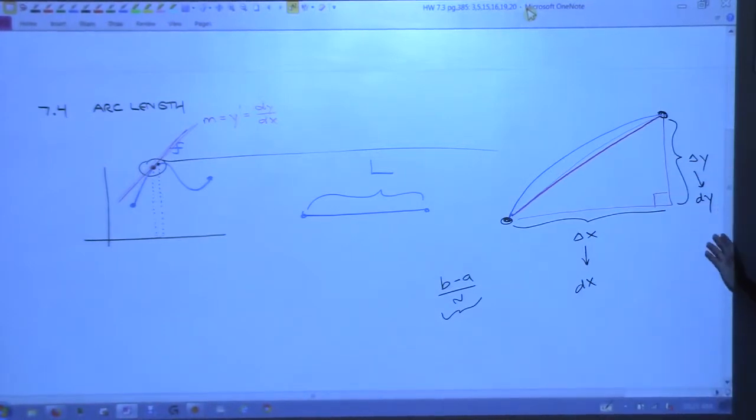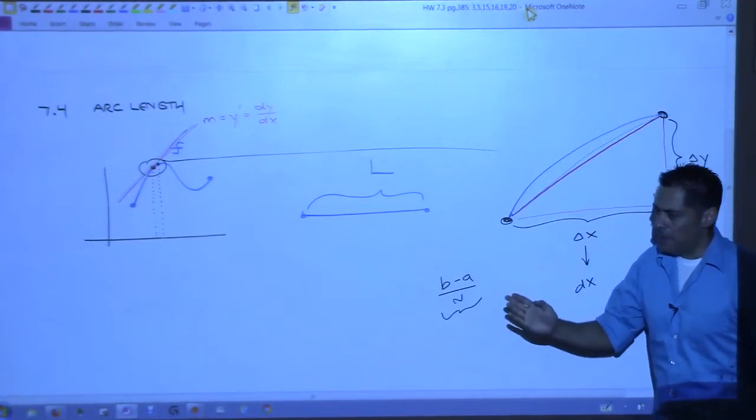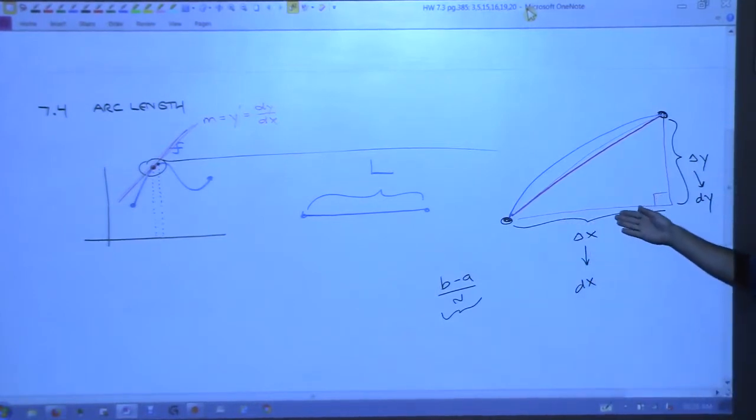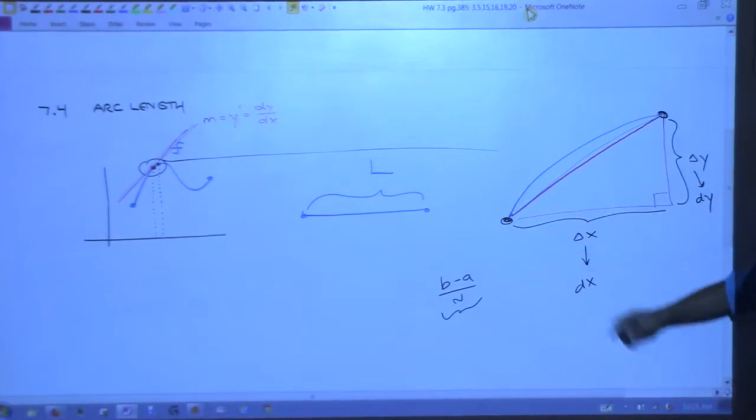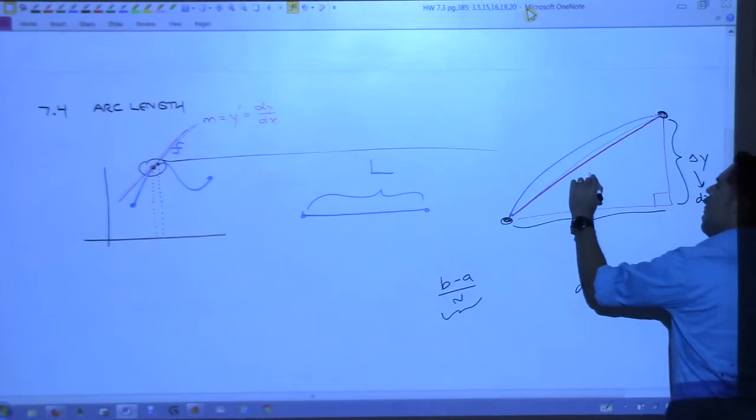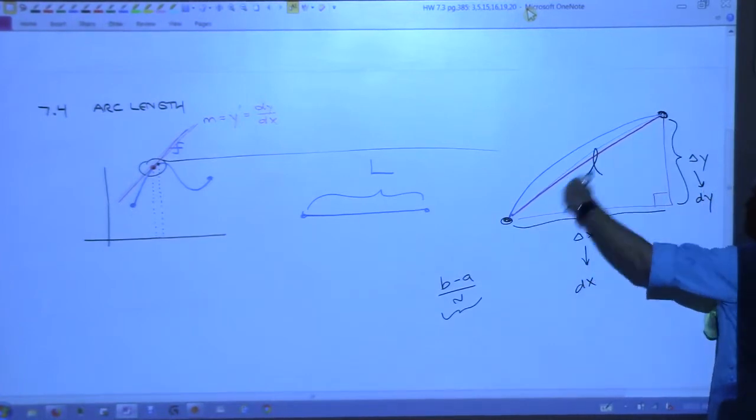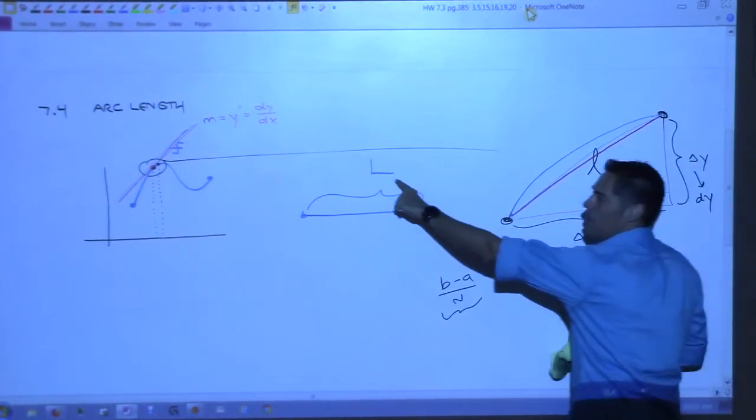At the end of the day, we're going to have a formula. I'm just trying to show you where the formula is coming from. So if we can say that as we allow the number of these cuts to become infinite, this is turning into dx and this is turning into dy, then the hypotenuse should follow the Pythagorean theorem. I'm going to call this right here little l. That's this hypotenuse, because we're trying to find capital L, which is the whole thing.